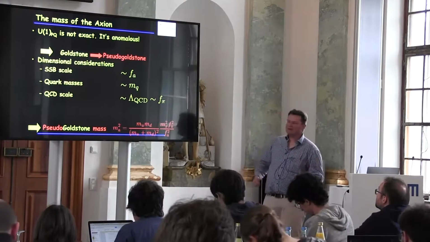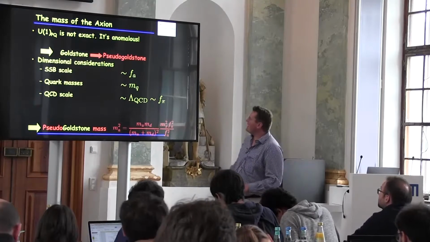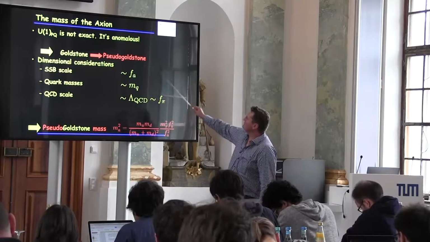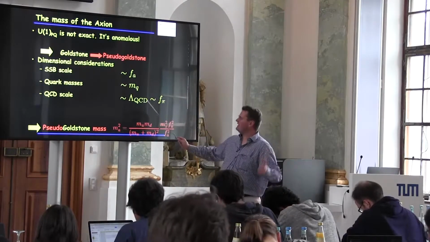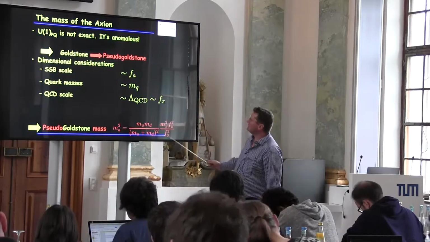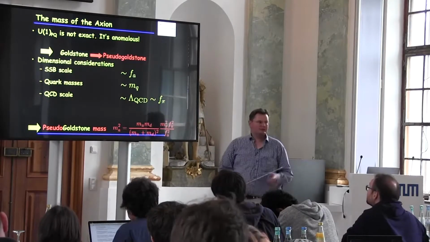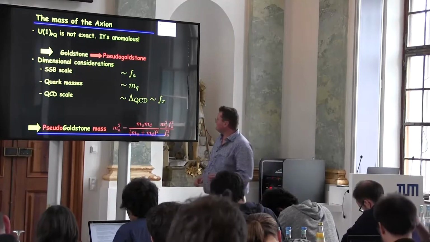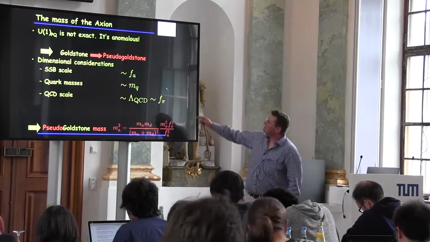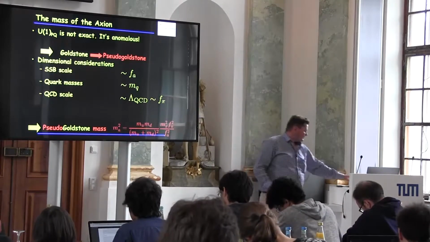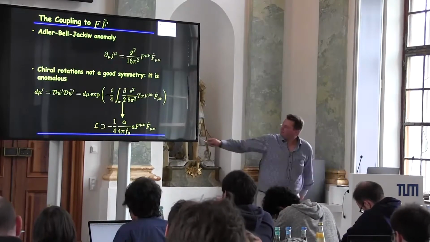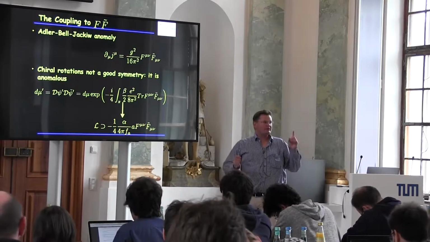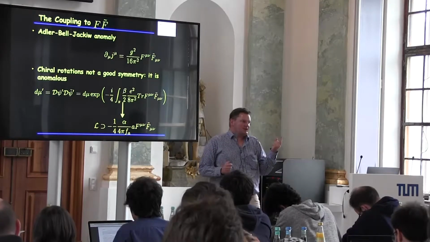Well, you can again do some dimensional arguments. What kind of scales do we have in the game? We have the spontaneous symmetry breaking scale, that is Fa. We have quark masses, and we have some QCD stuff, Lambda QCD or F pi. And what can you write down? Well, you already have an inkling because the coupling is 1 over Fa, and this coupling is the one that actually links it to QCD.